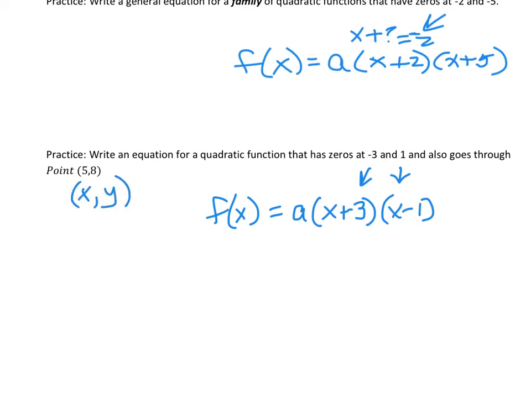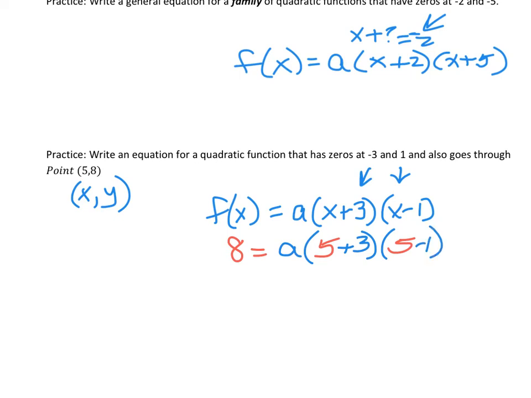So the 5 is an x and the 8 is a y, and I can substitute that in. So I'll put in for my output here, f of x is my output, it is my y. I can substitute 8 in there, and I'll put 5 in for my x. So I can solve for one unique function and get my stretch factor.